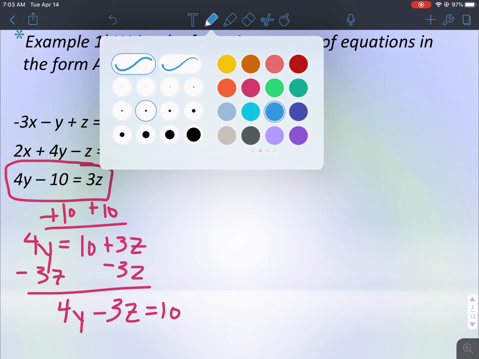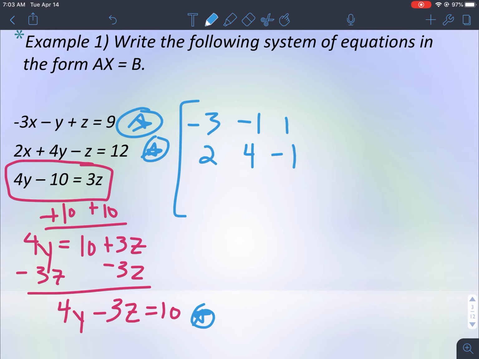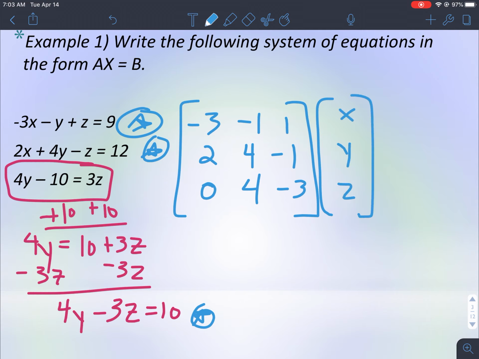Now we can use these three equations. Here are my variables in the system. And then here's a matrix of constants.